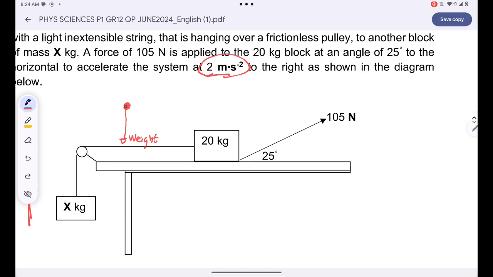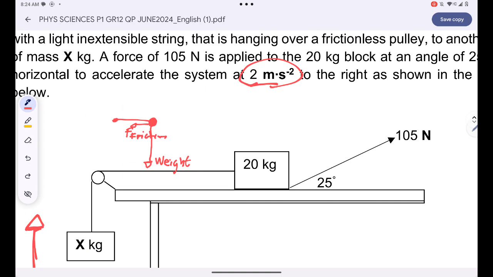This block also experiences kinetic friction, as well as the tension. There's a tension on the rope there.